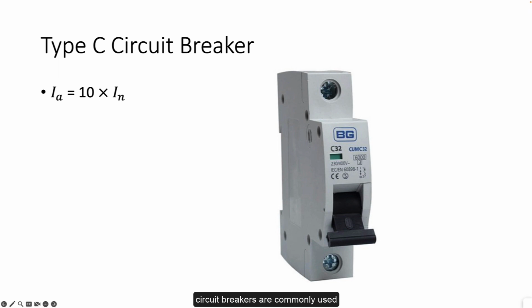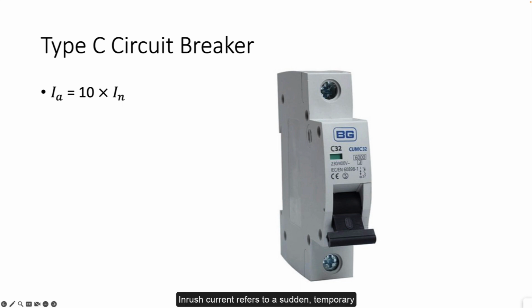Type C circuit breakers are commonly used in commercial applications where there are motors or fluorescent luminaires. These devices may exhibit inrush current when they are switched on, and the Type C circuit breakers are designed to accommodate and tolerate such inrush currents.